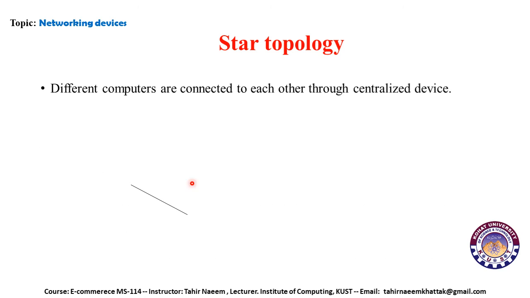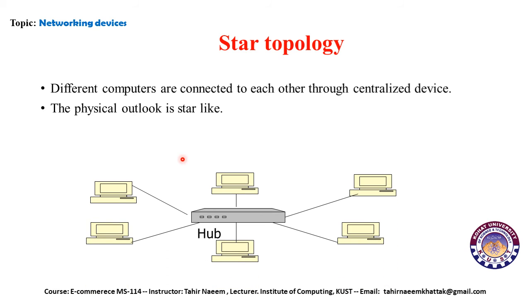Then comes star topology. In star topology, as the name suggests, different computers are connected to a centralized device. The physical layout is like a star. Just look at this: different computers are connected to a centralized device, which may be a hub or a repeater, and it presents a star shape.